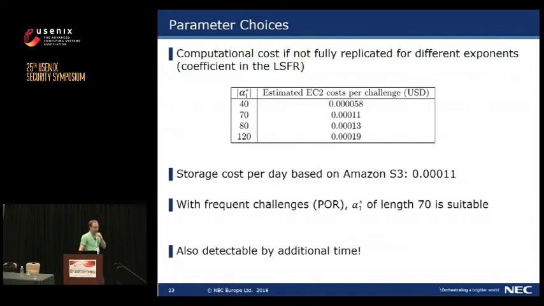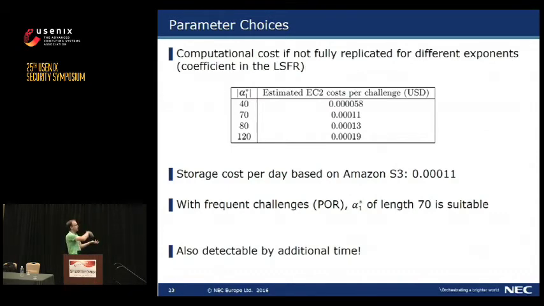With 70 bit, it shows that the cost for the service provider of answering this challenge is exactly the price it would cost to store a file of the corresponding size on Amazon S3.